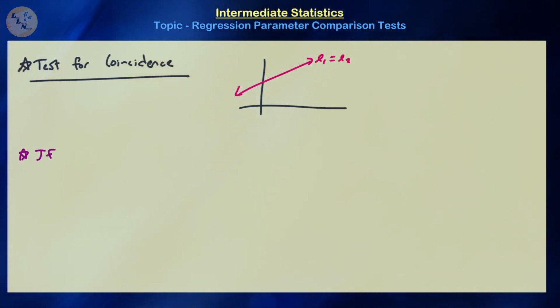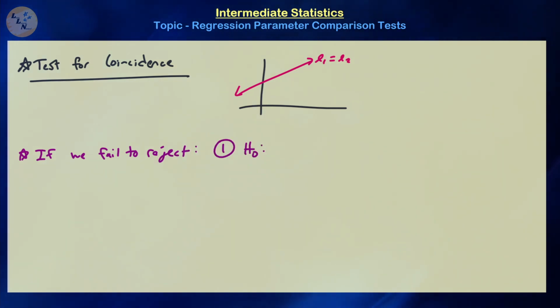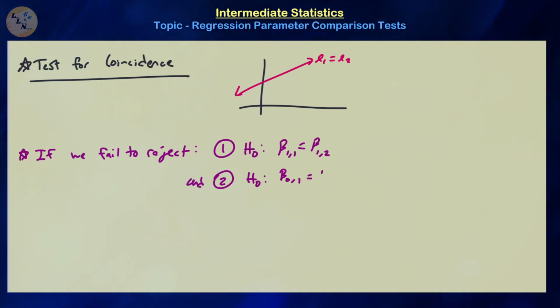So if we fail to reject H0, the null hypothesis that the slopes are equal to each other, so beta 1,1 and beta 1,2, that means we have evidence to believe that they are equal to each other, and H0, beta 0,1 and beta 0,2 are equal to each other.